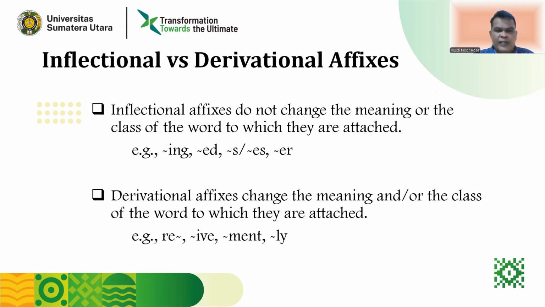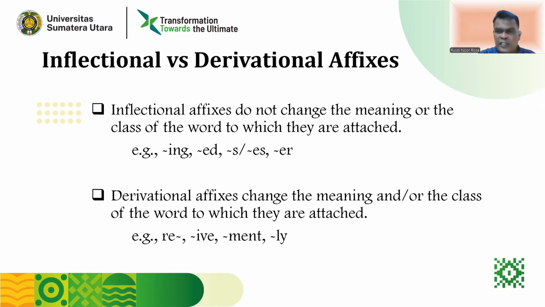The second one is derivational affixes. Derivational affixes change the meaning and or the class of the word. This means that the thing that must be changed is meaning. So the meaning must be different.